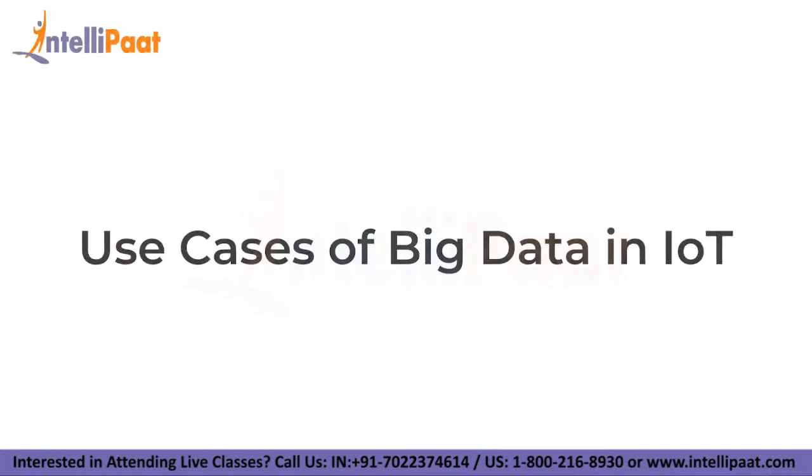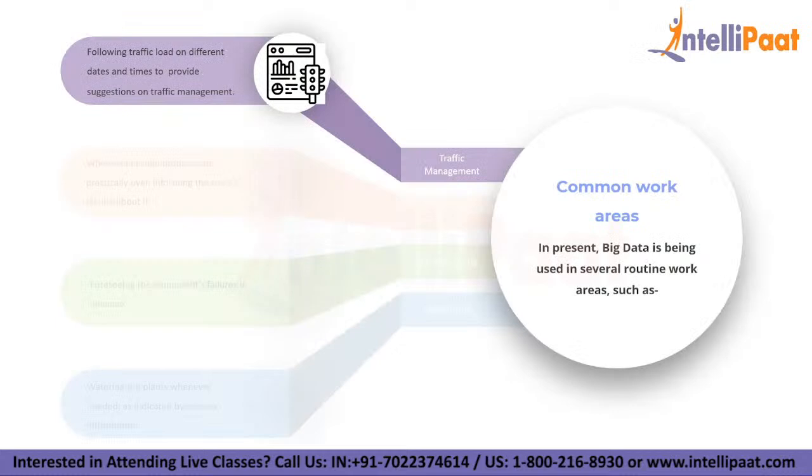Now let's take a look at the use cases of big data in IoT, or where big data in IoT is being used and what will be its future enhancements. At present, big data is being used in several routine or common work areas in IoT. At first comes following traffic load on different dates and times to work out suggestions focused on traffic improvement or traffic management.